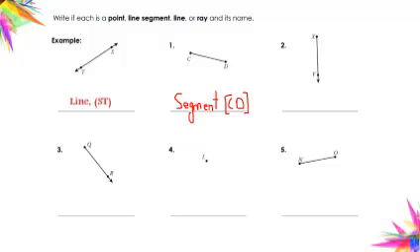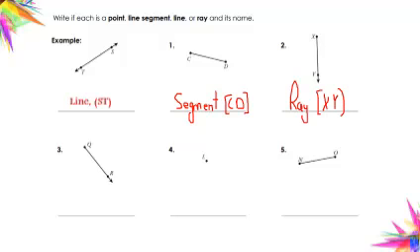Now number two, it's a ray. Very good. How did we know that this is a ray? Because it has one endpoint and the other it's an arrow. So we write it XY. It's closed at X and it's open on Y. Okay?